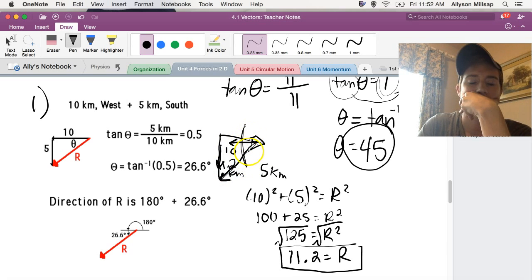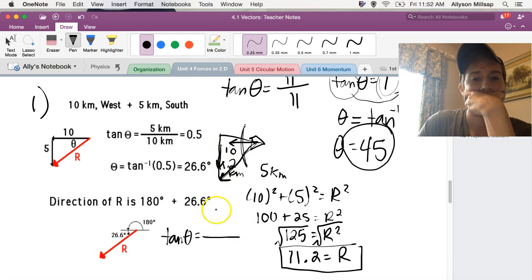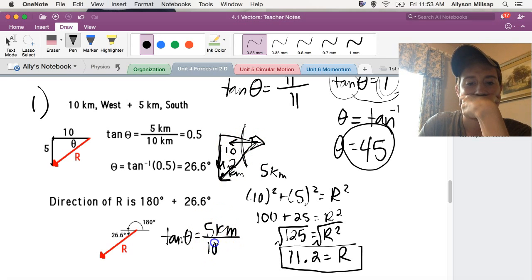So to find this angle, you need to use sine, cosine, tangent, one of those formulas. I usually use tangent. So my tangent is my opposite side, which is my downward one. My downward one was 5 kilometers. It's opposite over adjacent, so my adjacent is my 10 kilometers.